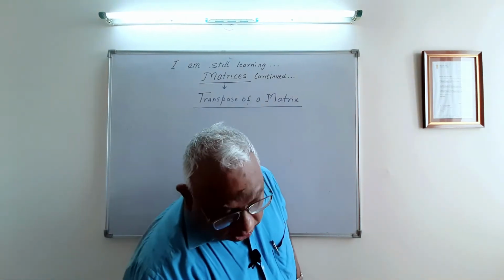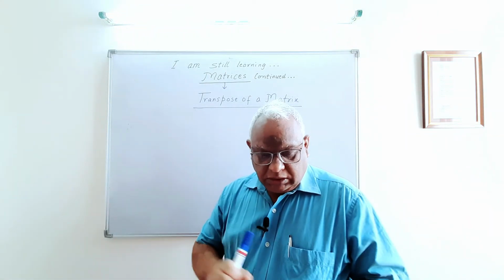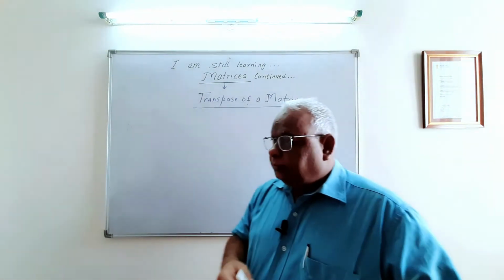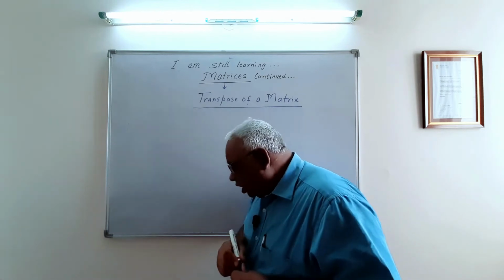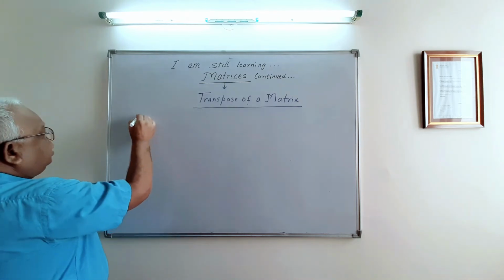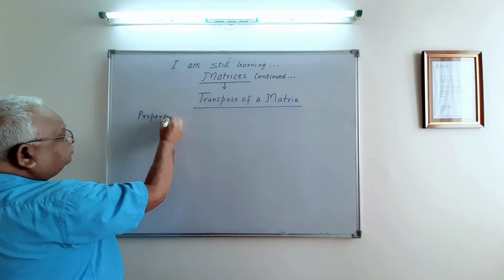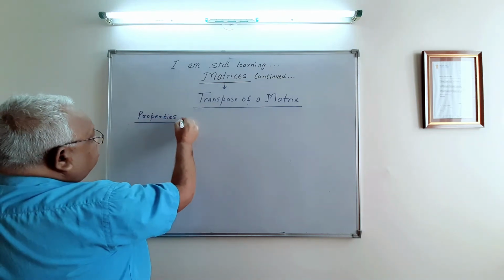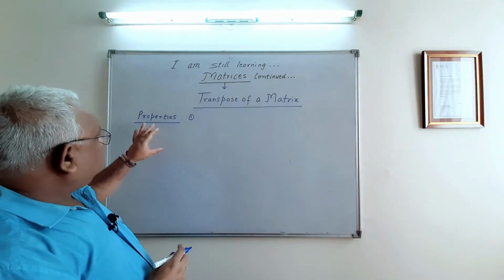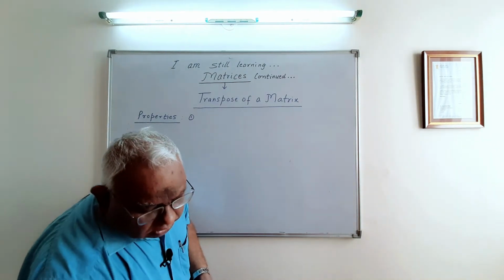Whenever we learn something new, we need to understand what other parts are included in that. So in this, the next part comes: what are the conditions under which the transpose of a matrix is defined? That is called properties. Properties have a big role in understanding the concept, right?